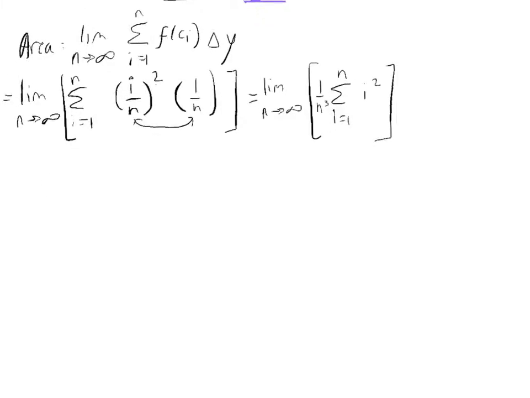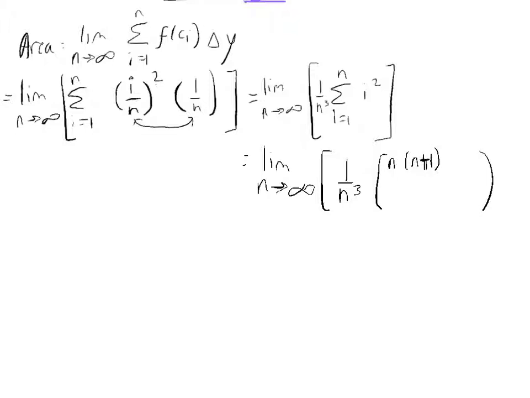We need our summation formula for the sum of i squared from i equals 1 to n. We plug in: the limit as n approaches infinity of 1 over n cubed times the sum, which is n times n plus 1 times 2n plus 1, divided by 6.